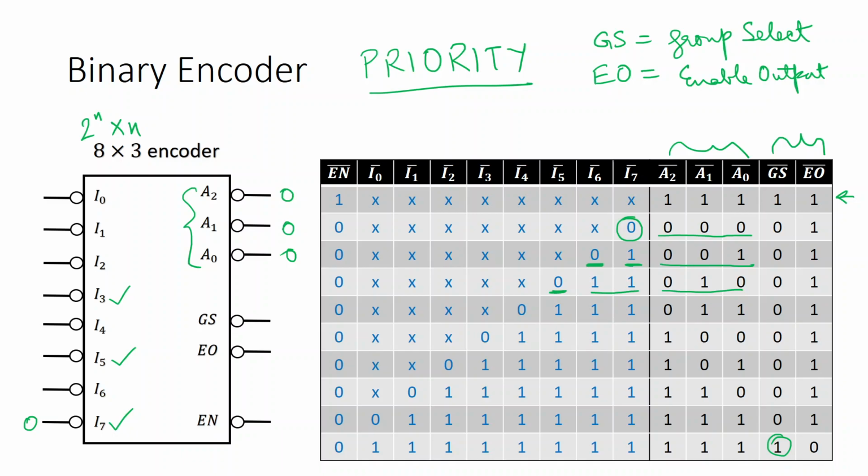GS indicates that. So if in a particular encoder my GS signal is activated, that will signify that one of its inputs is activated.